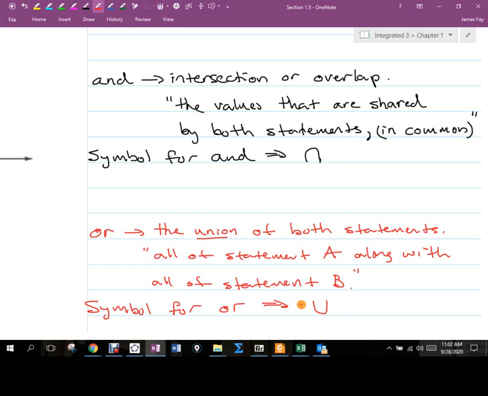Okay. Now those two symbols have different names. I don't know what they are, but you guys know like the hashtag symbol is actually called the pound symbol, right? Okay. Like the "and" symbol.